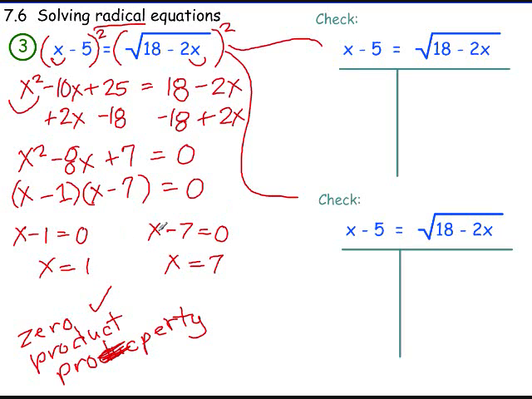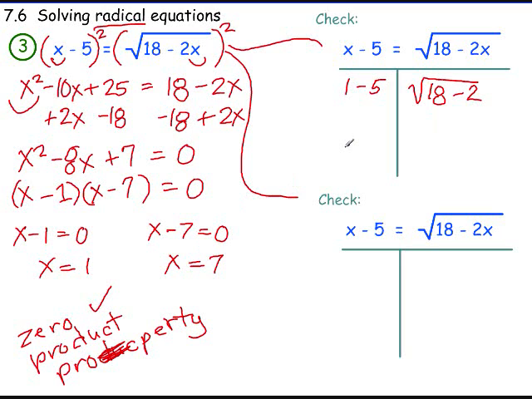So we'll check the 1 first, and we'll say 1 for x minus 5. And then we've got the square root of 18 minus 2x. That's going to be the square root of 18 minus 2, isn't it?